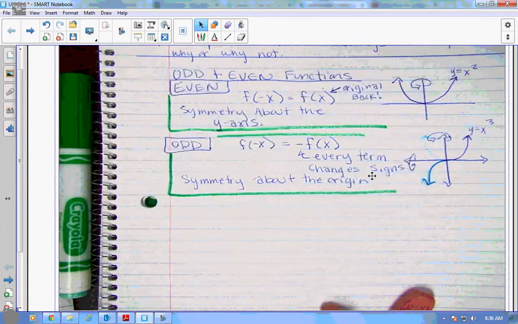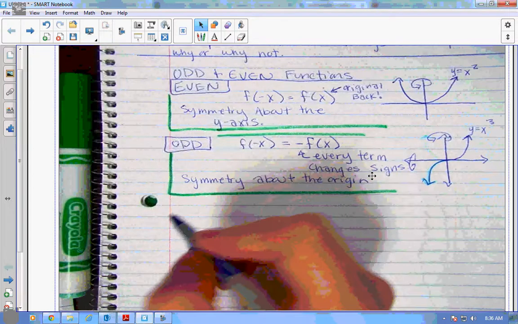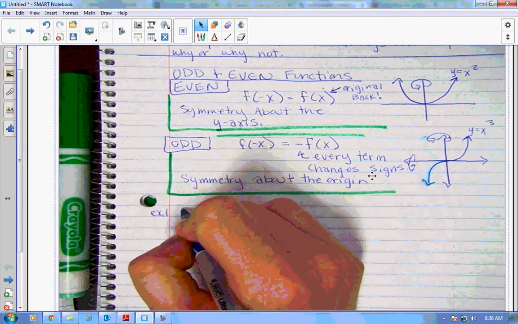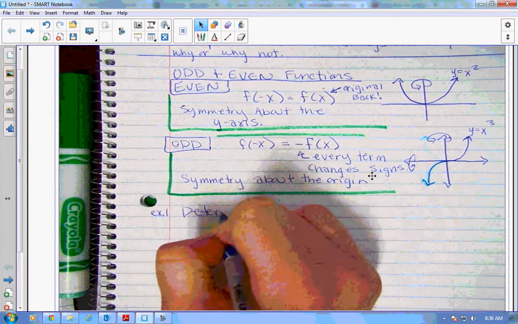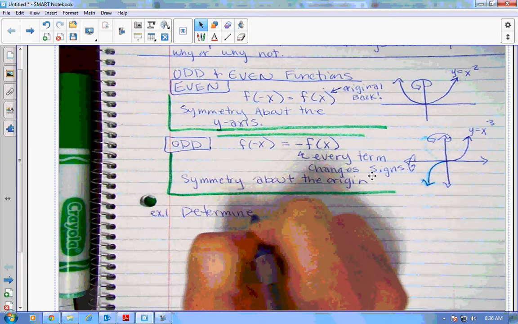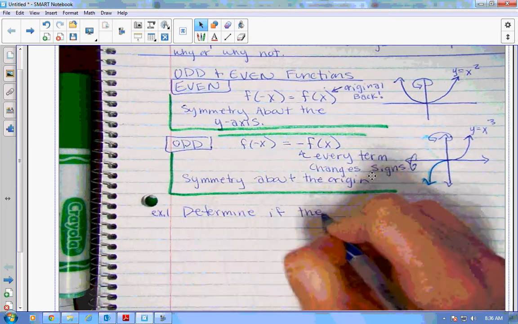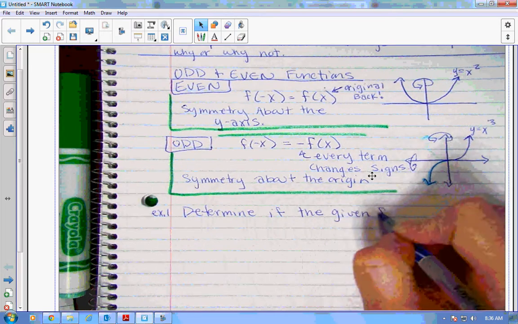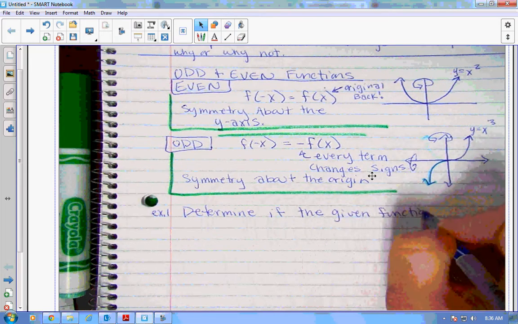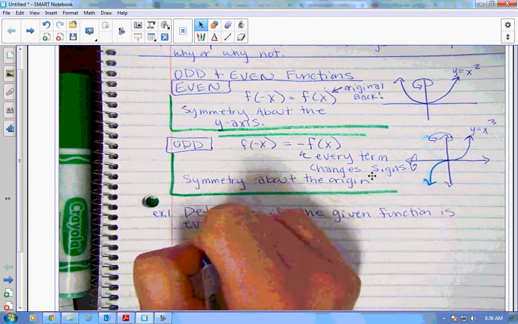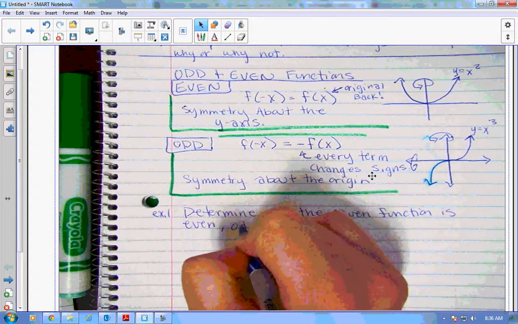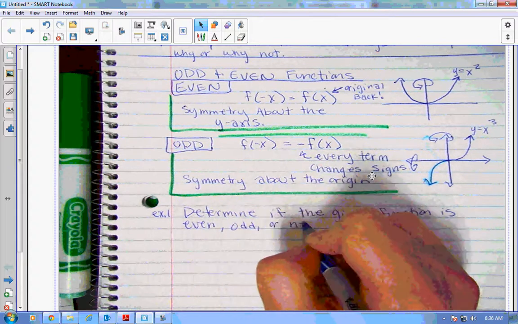So we're going to determine if it's even or odd algebraically. Example 1. Determine if the given function is even, odd, or neither, because sometimes it can be neither.